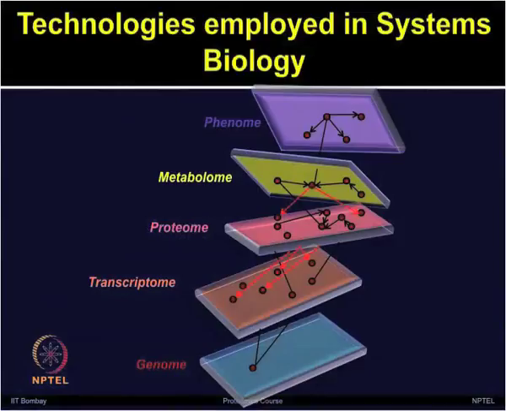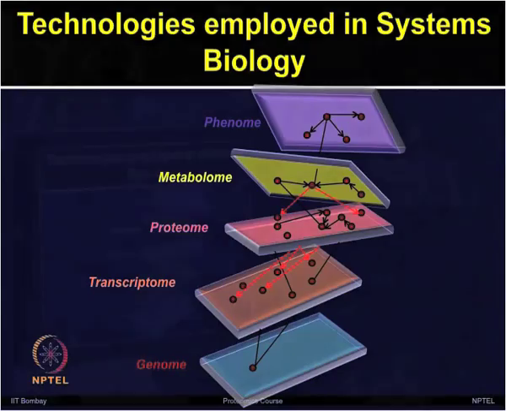So, as you can see here, to generate the systems level information, the system study requires different types of technologies which could be employed in the biological systems at the genome level using high throughput sequencing, high density arrays, transcriptomics, different types of transcriptome analysis using RNA sequencing and microarrays, proteome, we discussed many methodologies, metabolome could be either using NMR or mass spectrometry, and then phenome, which is studying the images by using PET or NMR methods.